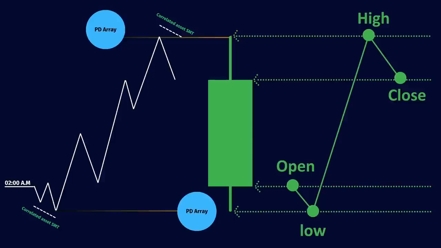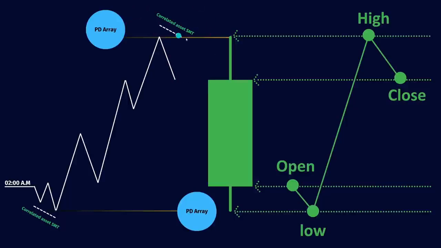confirmation. Okay. And when price prints the week high in this candle, it's the same dynamics. You can find one price element, in this case one PD array, the same time frame or higher, and at the same time you can find one SMT in the highs, and this is your confirmation for the high for this candle, and price makes one little retracement for the close.